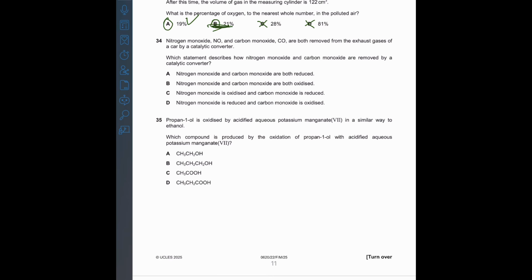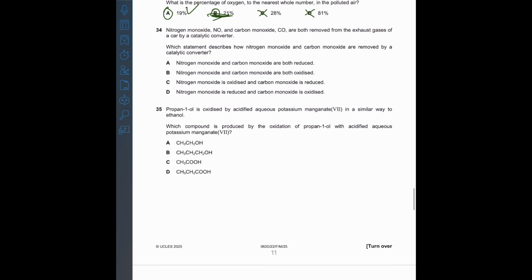Question number 34. Nitrogen monoxide and carbon monoxide are both removed from the exhaust gases of a car by a catalytic converter. Which statement describes how nitrogen monoxide and carbon monoxide are removed by a catalytic converter? They both are reduced? No. They both are oxidized? No. It's not A and B. One of them is reduced, the other one is oxidized, and nitrogen monoxide is reduced.